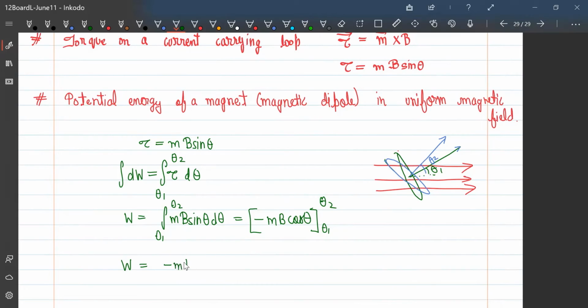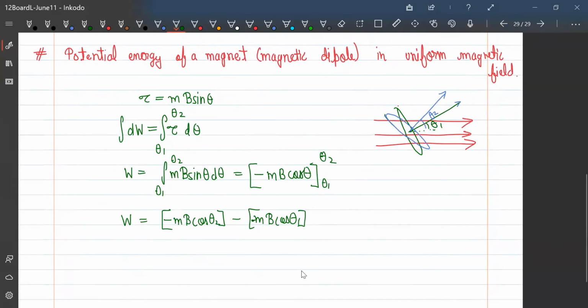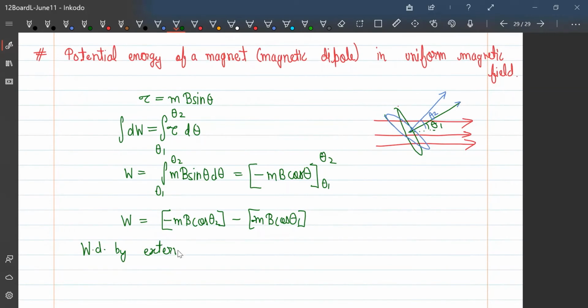So that will be m B cos theta 2 minus m B cos theta 1. Now the work done by the external agent is stored as potential energy.